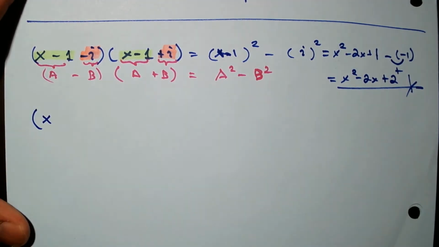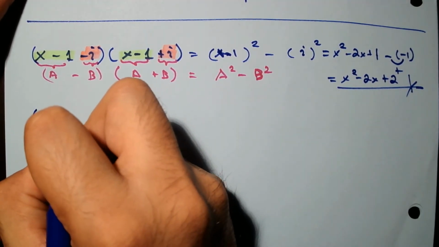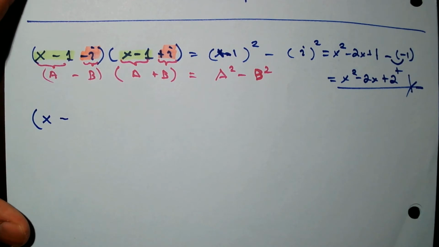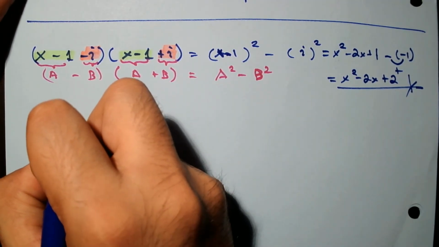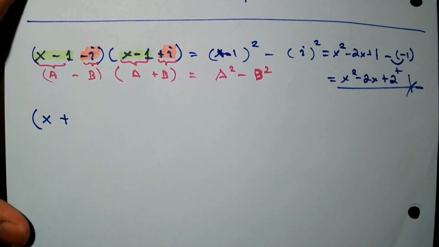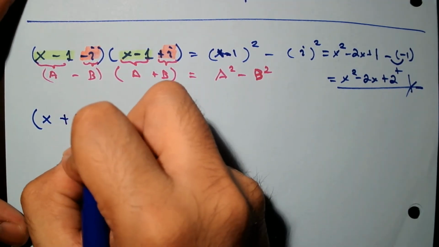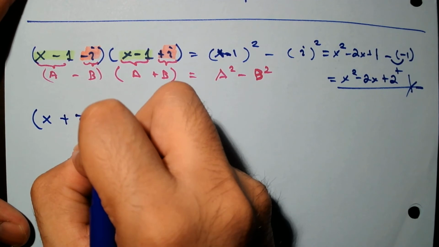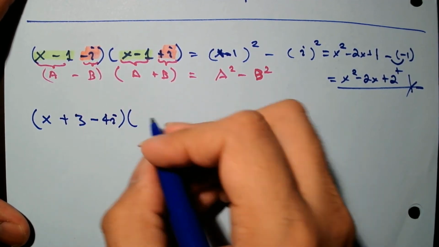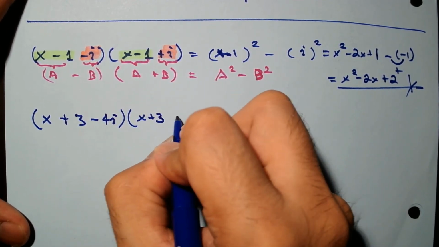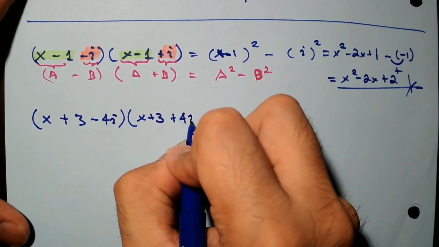Something a little bit more complicated: x plus 3 minus 4i times x plus 3 plus 4i.